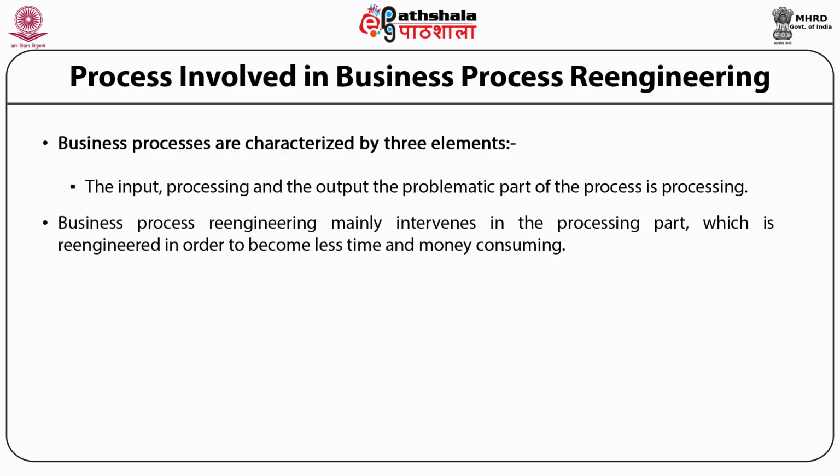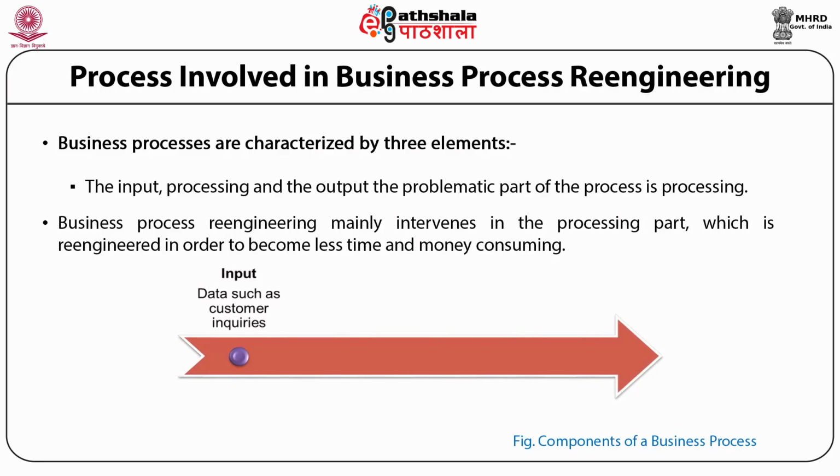Figure 2 illustrates the components of a business process. When we're talking about input, it requires data such as customer inquiries, and processing involves several stages utilizing time and money, and in the outcome what we talk about is delivery of the expected result. So collectively these are the components of the business process.